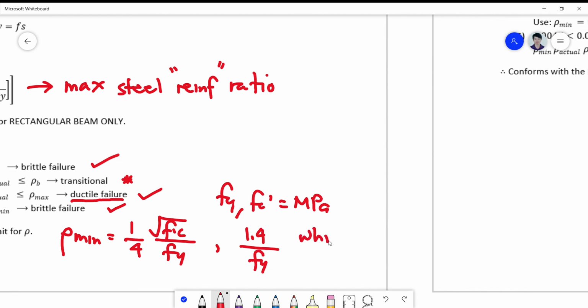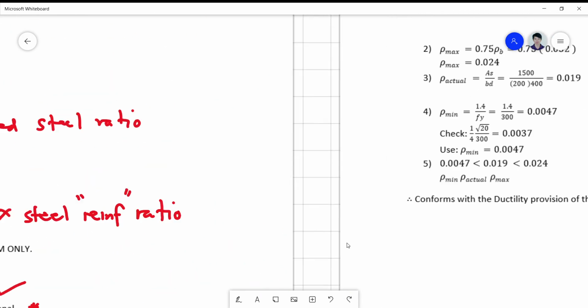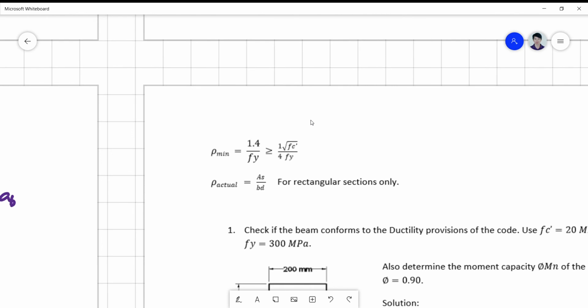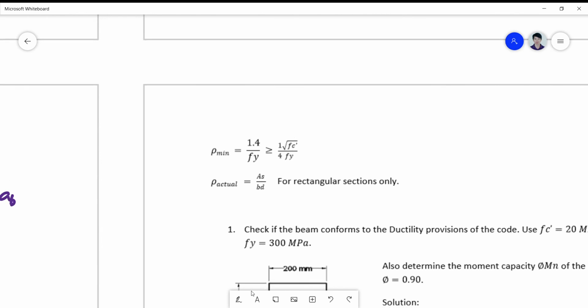Let's just place here whichever is greater, since it's hard to compare which will be less than.